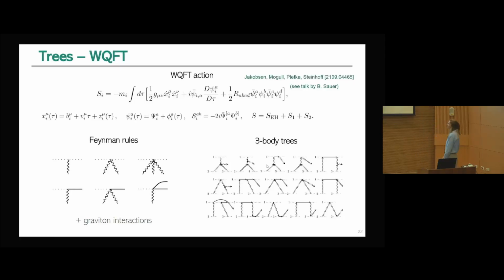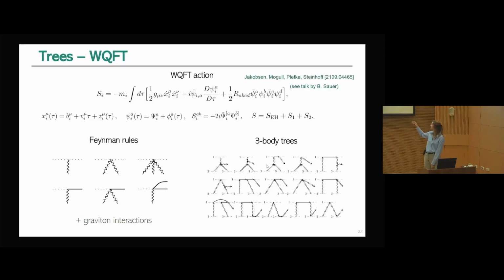The action that captures up to spin squared effects is this one here. The spin is related to this world line. So there is a background field psi and a quantized fluctuation on top of it, phi. From this worldline QFT action, we can derive Feynman rules.